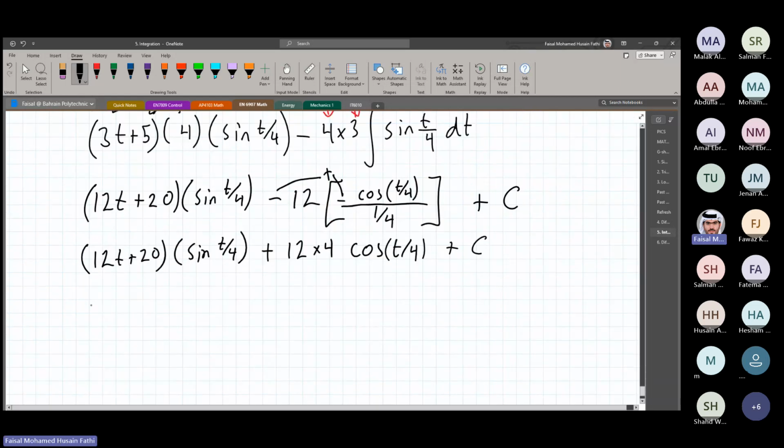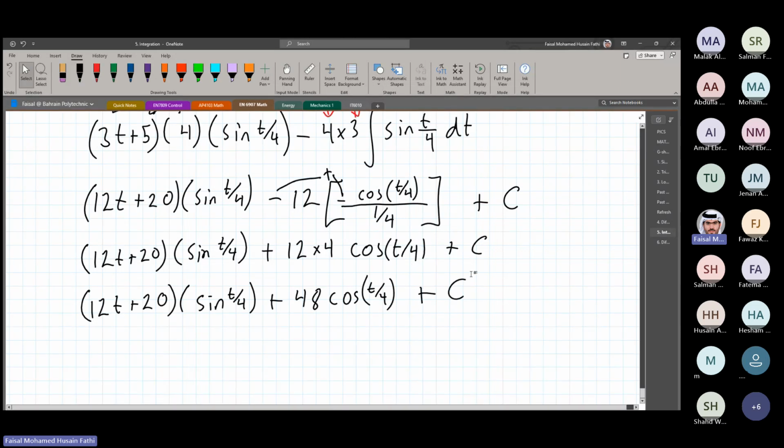Okay? Final simplification: (12t plus 20) sine t over 4 plus 48 cosine t over 4 plus c. I'm just simplifying, all these steps are just simplifying steps. And that's it. We're done.